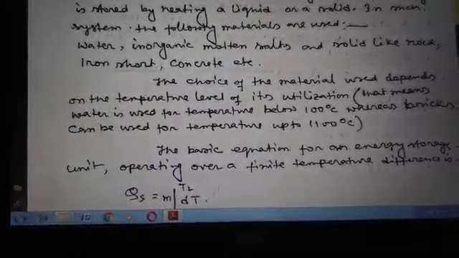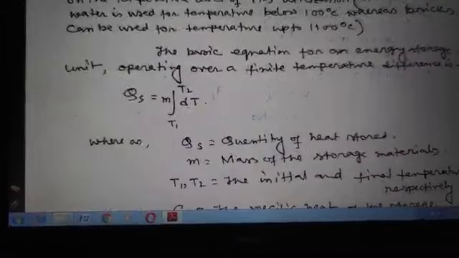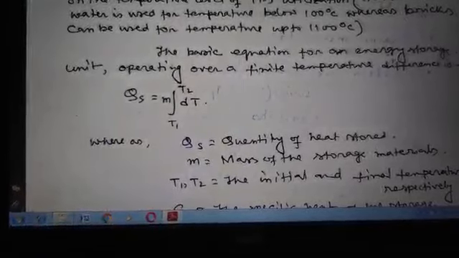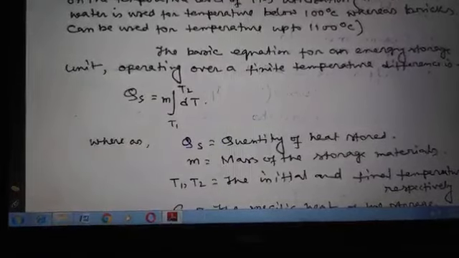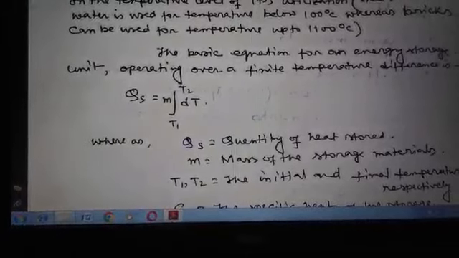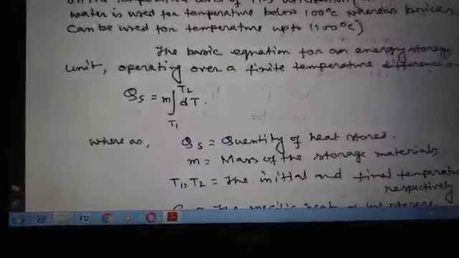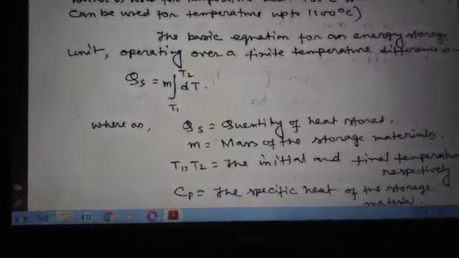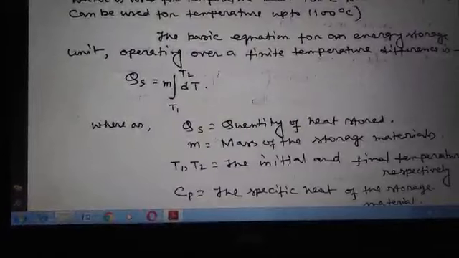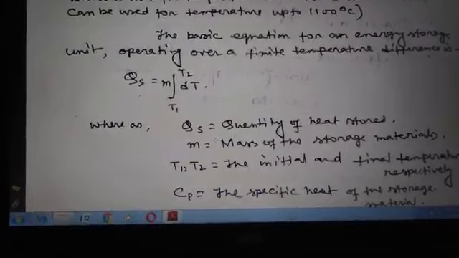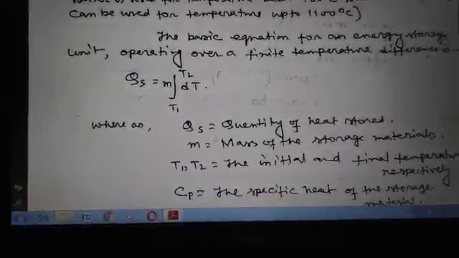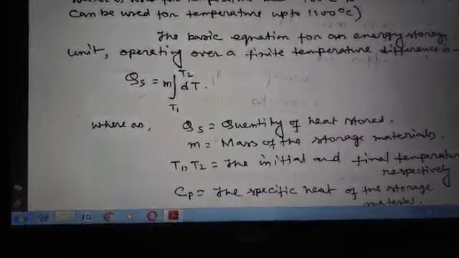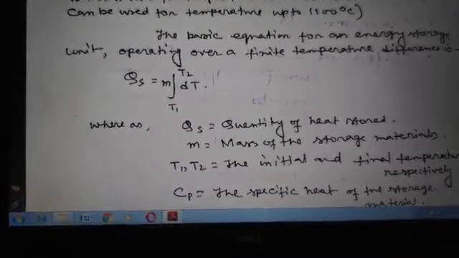Now the basic equation for an energy storage unit operating over the finite temperature difference is Qs equals m integration of T1 to T2 Cp dT, where Qs is the quantity of heat stored, m is the mass of the storage materials, T1 and T2 are the initial and final temperature respectively, Cp is the specific heat of the storage materials.